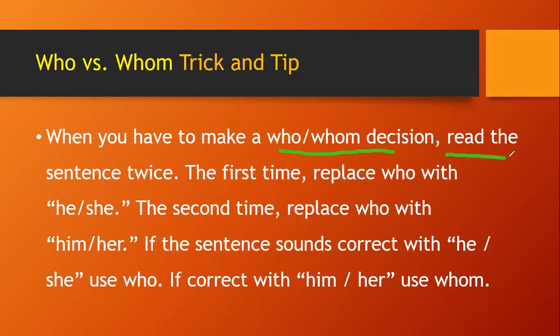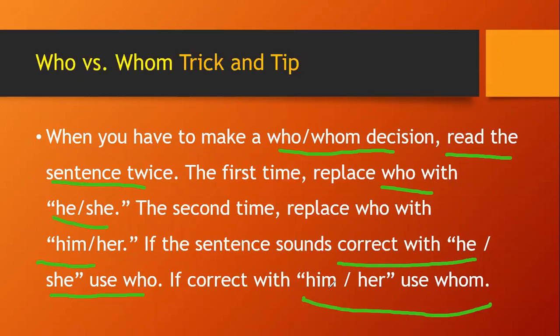The simple thing you have to do is read the sentence twice. The first time, replace who with he or she. If in a sentence who is given, replace it with he or she. And then the second time, replace that same who with him or her. If the sentence sounds correct with he or she, use who. If it sounds correct with him or her, use whom.